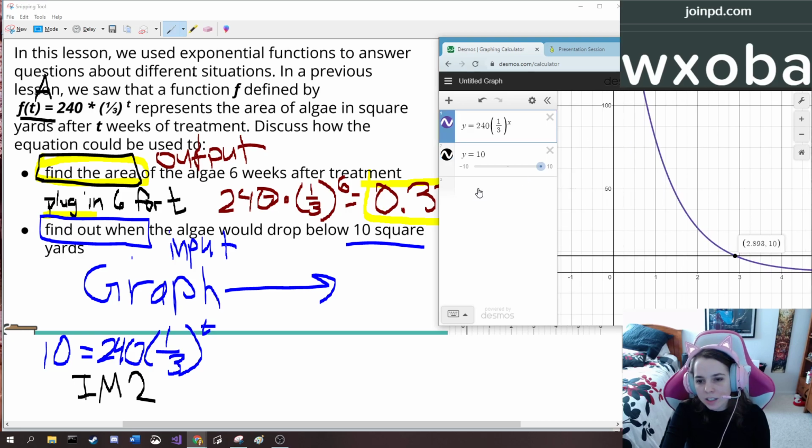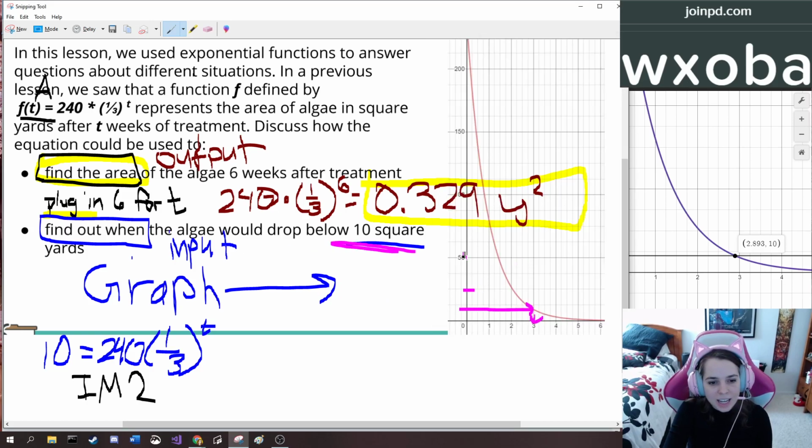My exact answer is 2.893. So by using the line y equals 10 and using my graphing calculator to find the intersection point of my line and my graph, I find that my answer is 2.8 weeks.